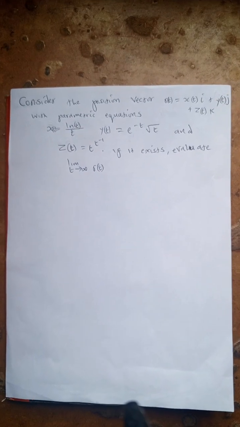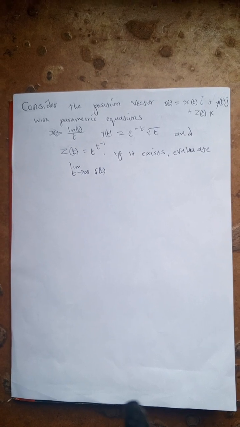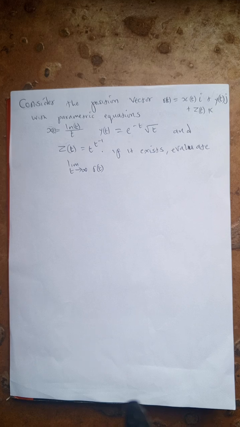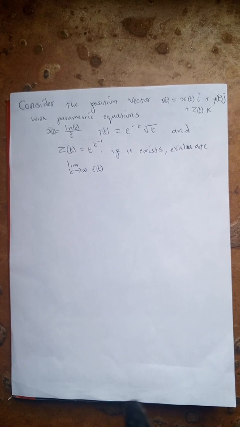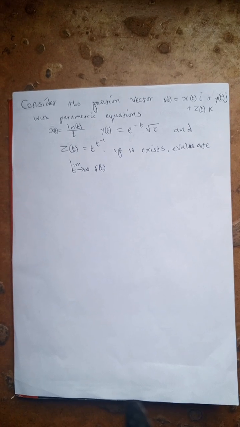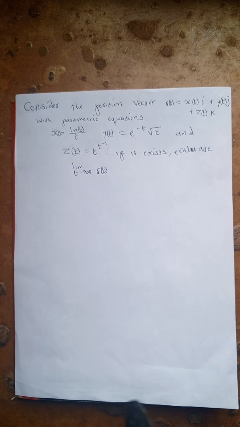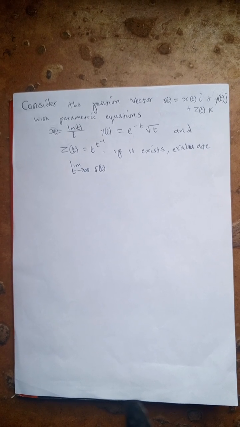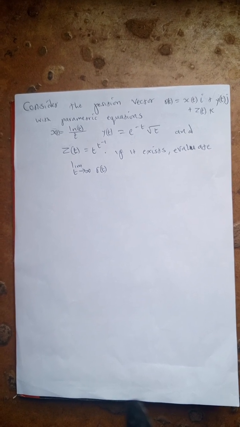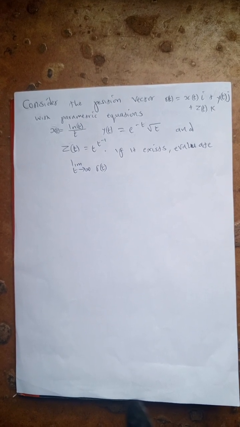For today, we are going to solve this limit. Consider the position vector r(t) equals x(t)i plus y(t)j plus z(t)k with parametric equations x(t) equals ln t over t, y(t) equals e to the power negative t root t, and z(t) equals t to the power t to the power negative 1.